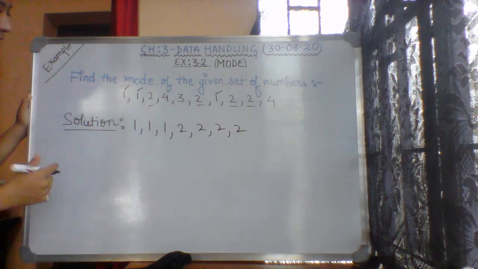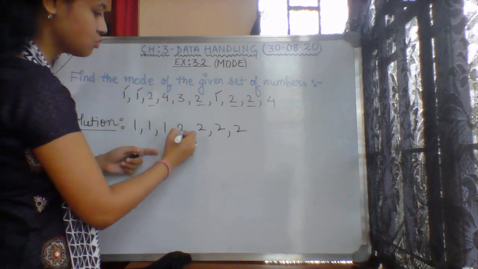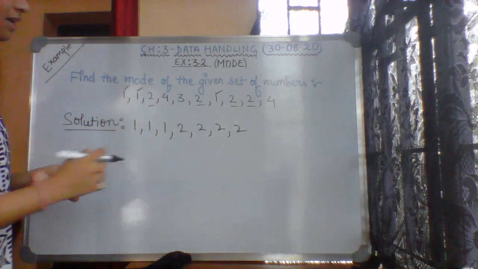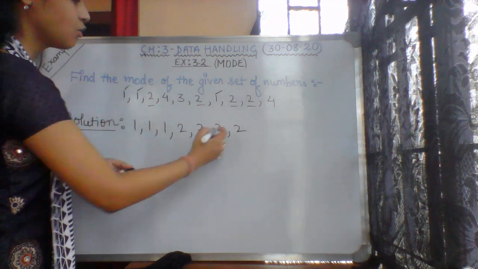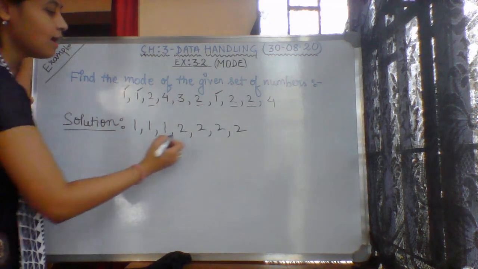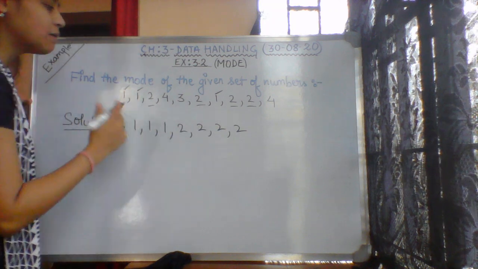While writing 1 2 3 4, we are counting like this: 2 2 2 2. So you may face one type of mistake: while writing 2 2 2 2, you may also write the number 4. So be careful about that. Okay, number of times 2 occurs is 4. That will be a silly mistake for you.